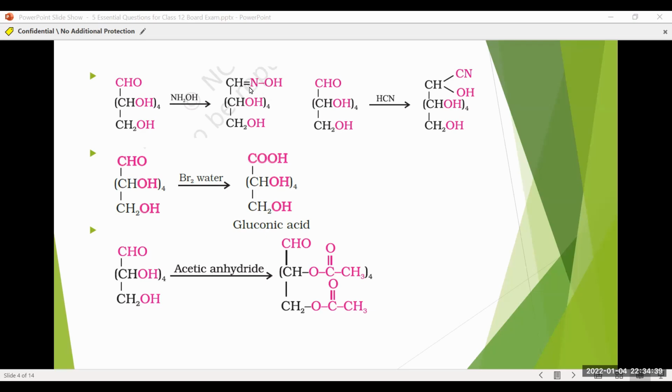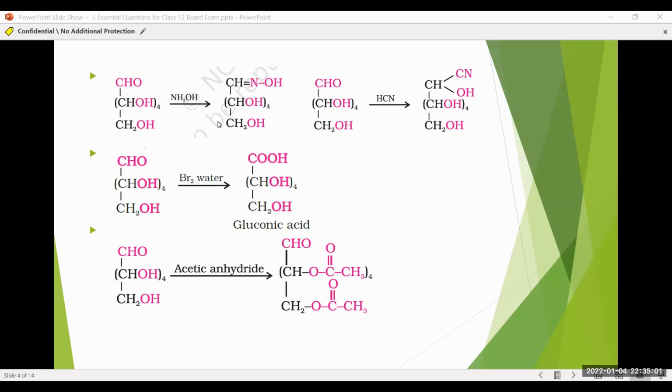This compound is called oxime. The glucose oxime, or glucooxime, is formed after the reaction. The other part remains the same as it is, (CHOH)4, CH2OH. So oxime is formed as a result of the reaction, which is a colorful compound.